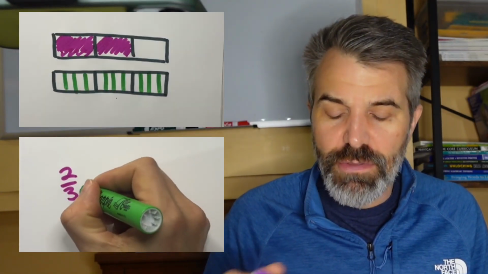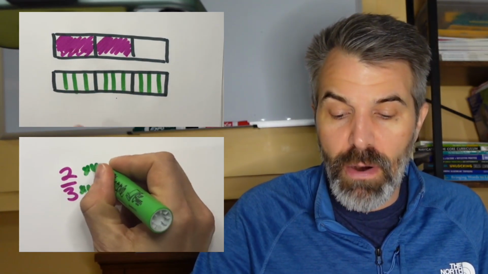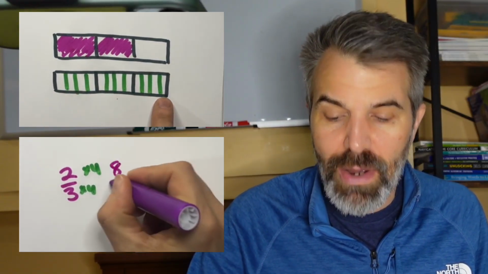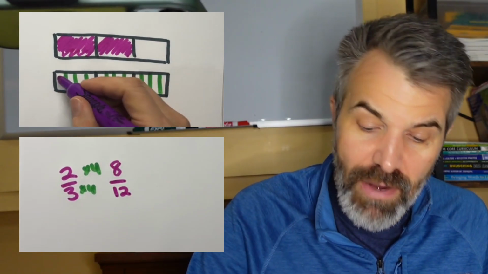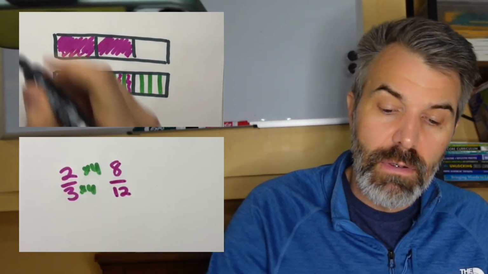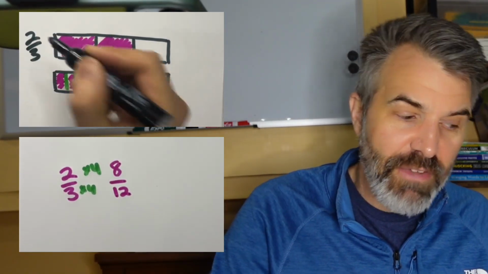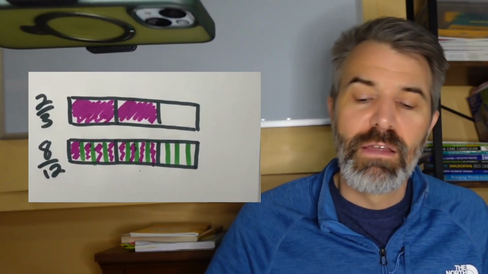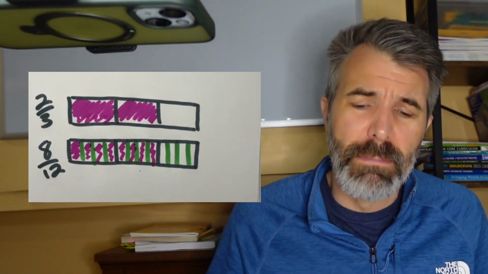When I divided each of these thirds into 4 parts, we have 1, 2, 3, 4, 5, 6, 7, 8, 9, 10, 11, 12. I'm going to shade this in. This is 2/3, and 2/3 is the same amount as 8/12. We've been building that conceptually since 3rd grade.